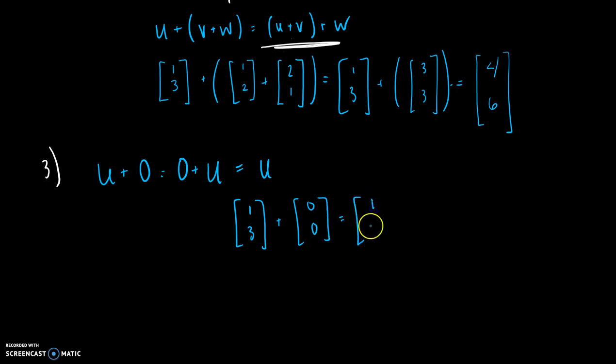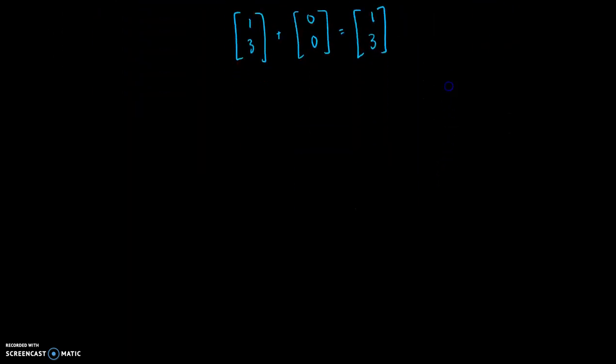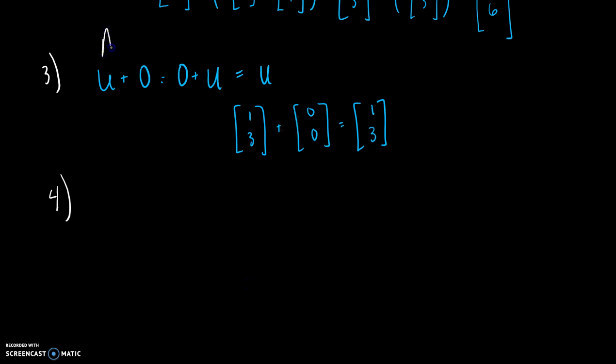We get 1 plus 0 is 1 and 3 plus 0 is 3. Look at that. Now moving right along. Excuse me, this one is called the additive identity, if you want the name of that one.